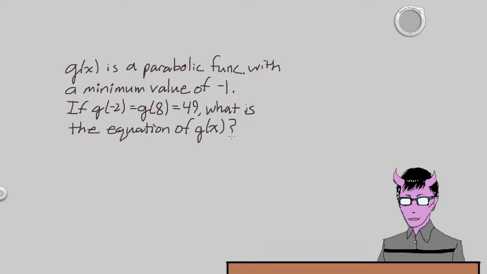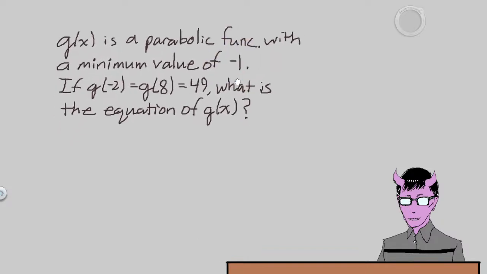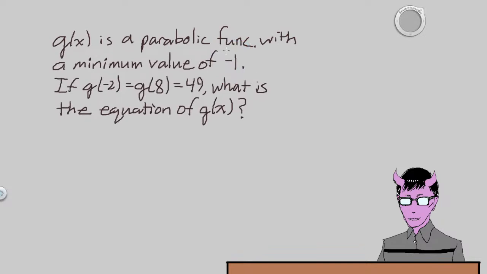I have a feeling this one gives a little bit more information than it needs to give, but that's okay. So we have this thing equals this thing equals 49.